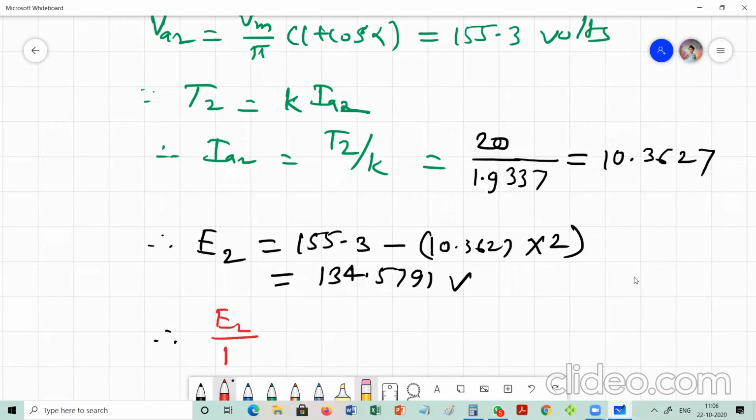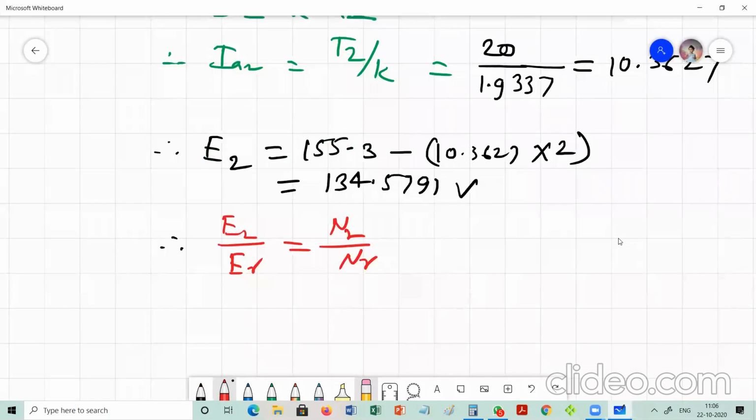E2 by ER is equal to N2 by NR. Therefore N2 is equal to E2 by ER into NR.